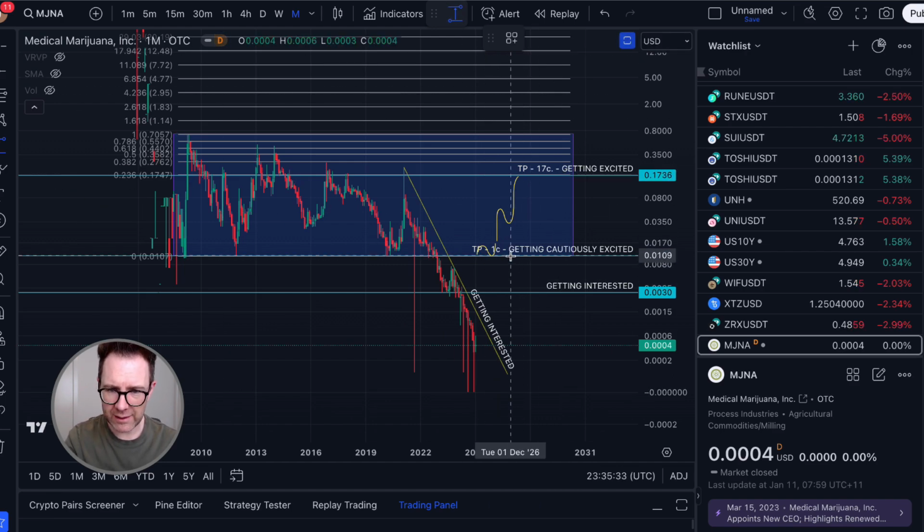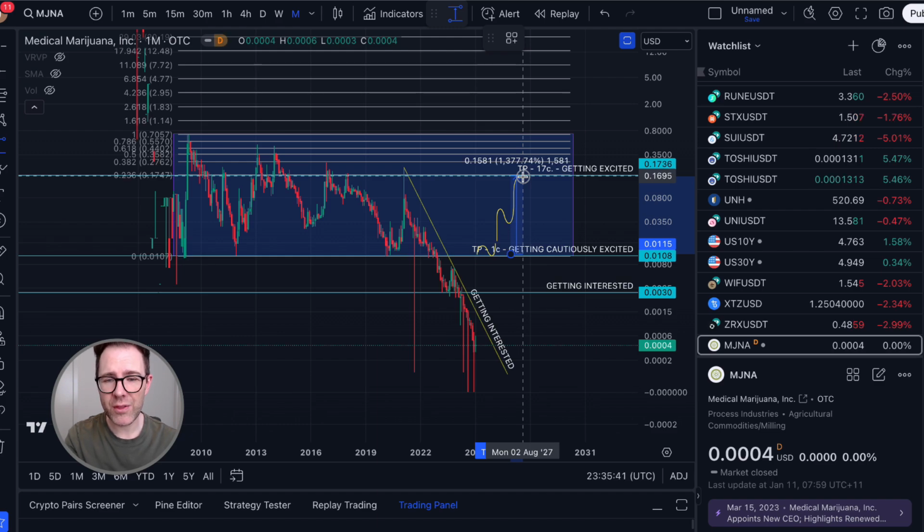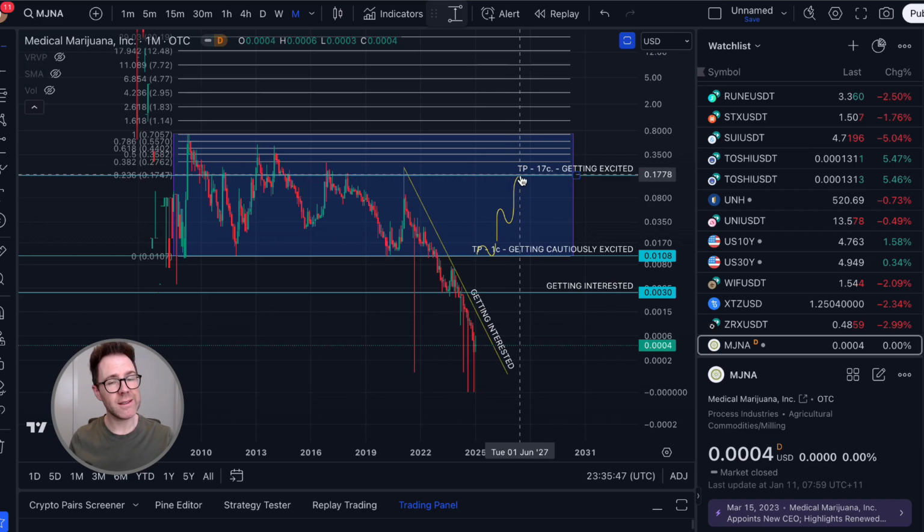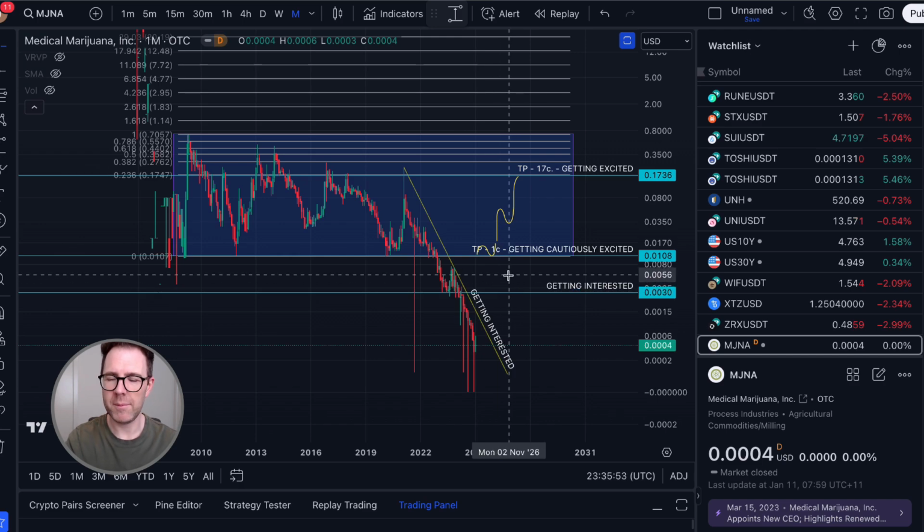And I'm going to finish this in a couple of minutes. Imagine waiting to get in the cautiously excited area. Far out, man. That's a 1,300% move. Are you telling me you're not taking any profits here at 17 cents? Yes, you are. If you get in here at the getting interested line, it finds support and starts ticking up, man, take some profits here, take some major profits here potentially.